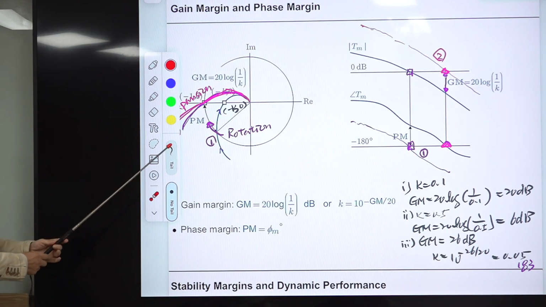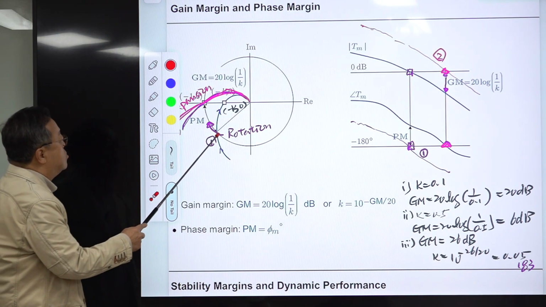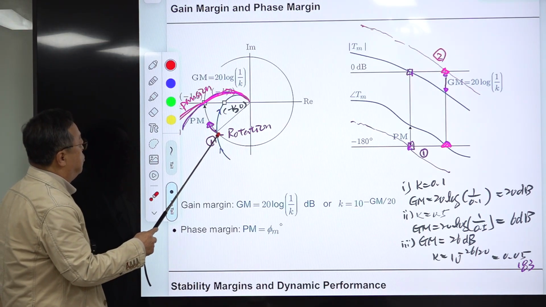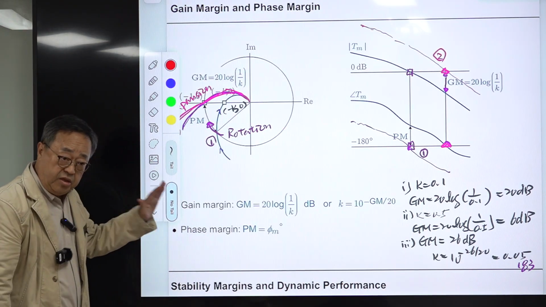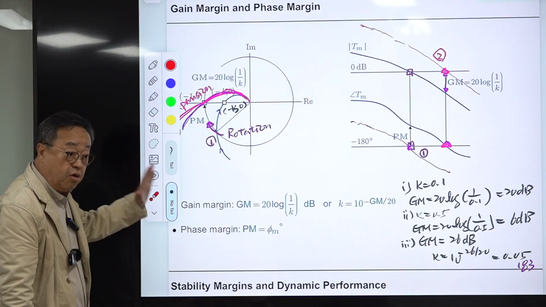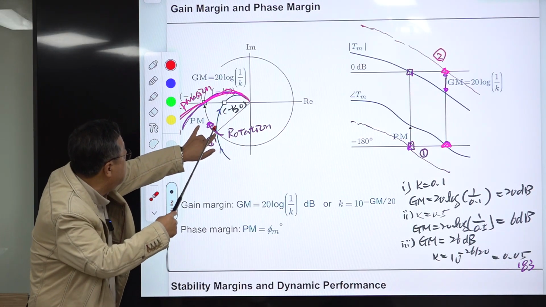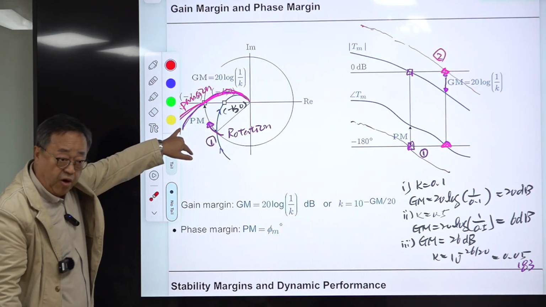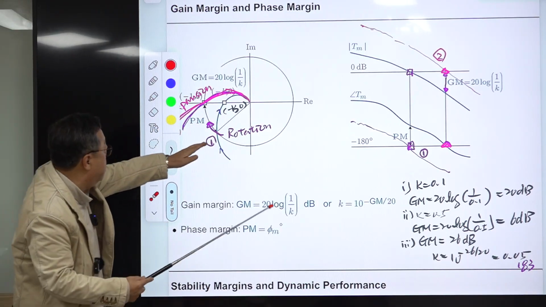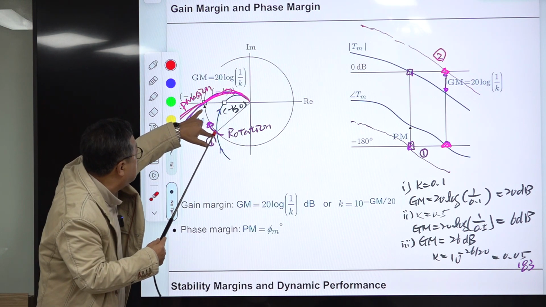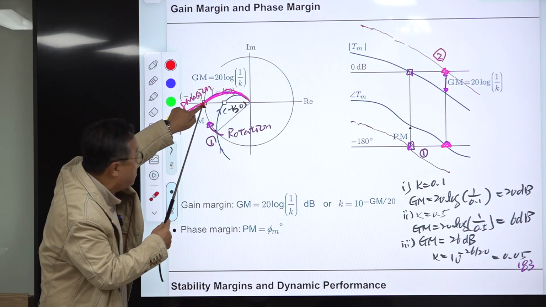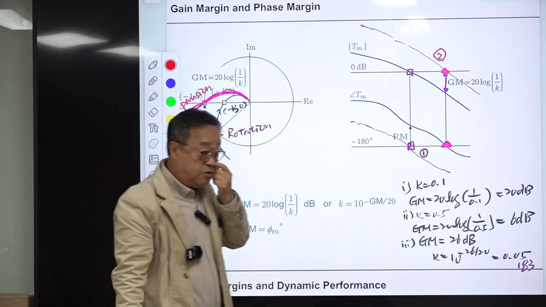Okay. Now the system is stable, but suppose you introduce a phase delay while maintaining the magnitude constant. That means this plot is simply rotating in the clockwise direction. If it is rotated this much, it passes the critical point and becomes marginally stable.